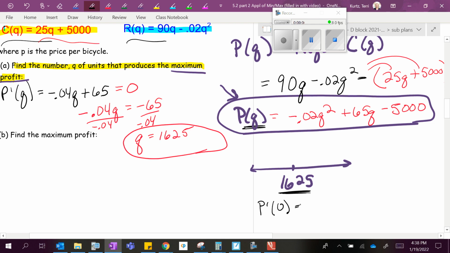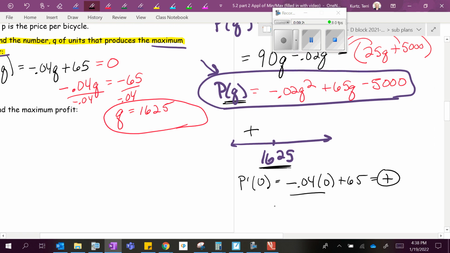I can choose as far to the left as I need to. So I'm going to choose 0, so negative 0.04 times 0 plus 65. That's 0 plus 65, so I'm increasing there.